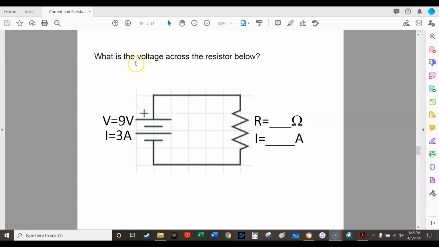What we're supposed to do is find out the voltage across the resistor below, but we also want to figure out what the resistance and current is as well. So what we're given is that the battery is producing 9 volts, and it's also producing a current of 3 amps.